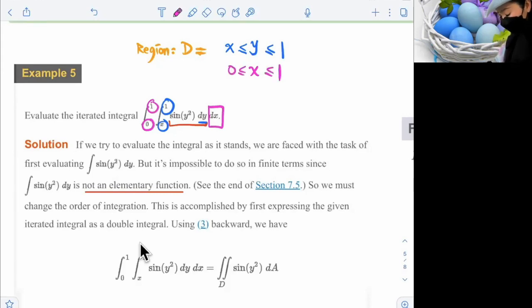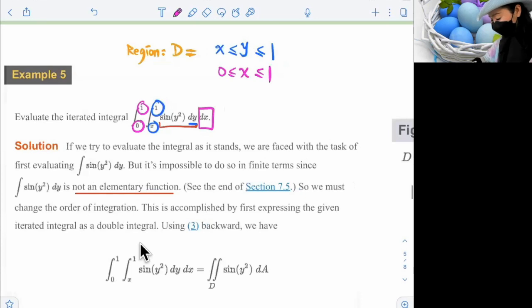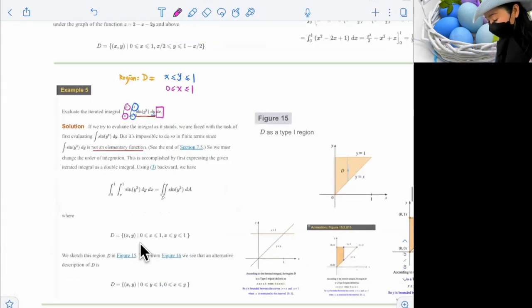Okay, let's try to draw that region. This is actually two things. y going from x to 1 means y is above and below, right? Think about above and below.